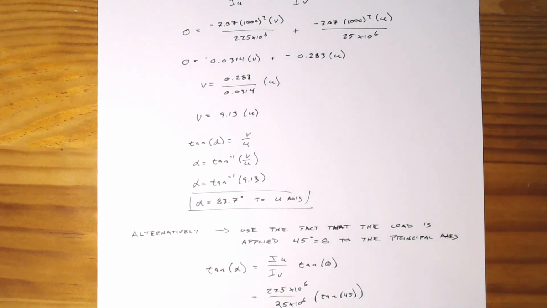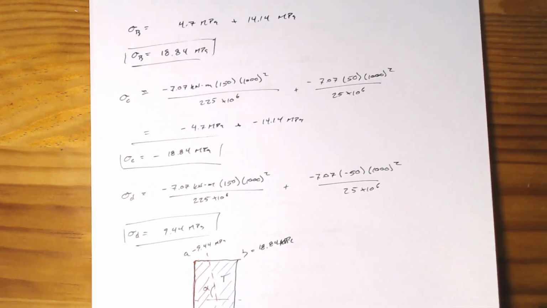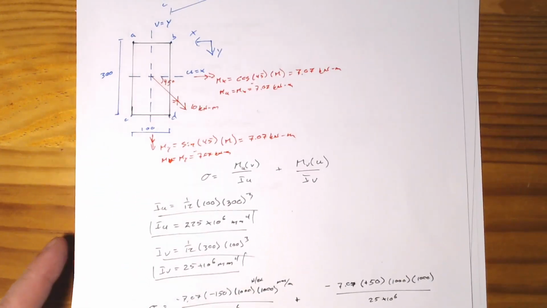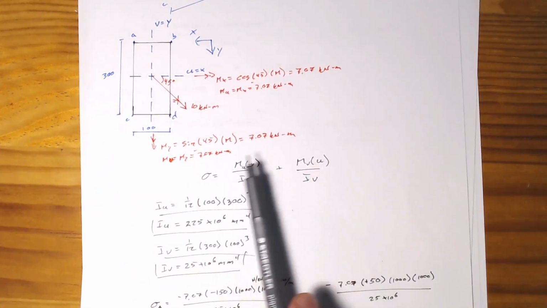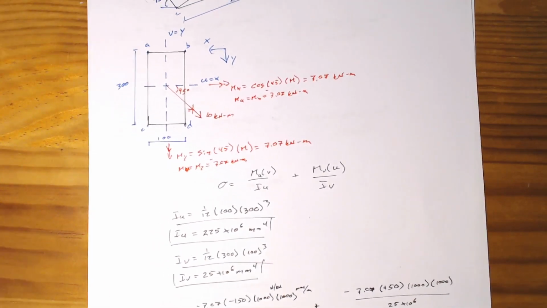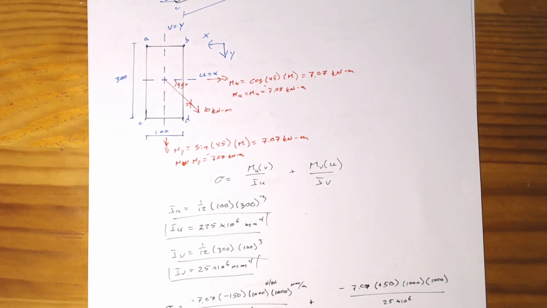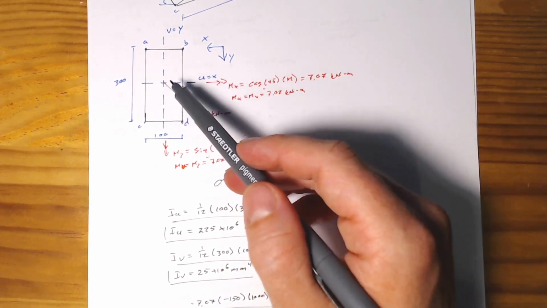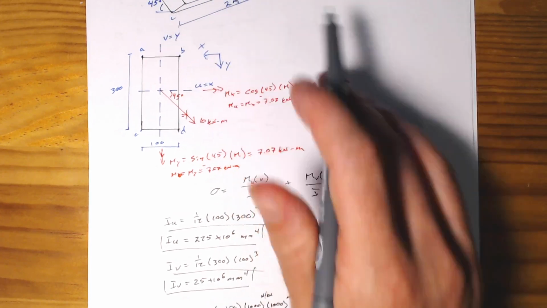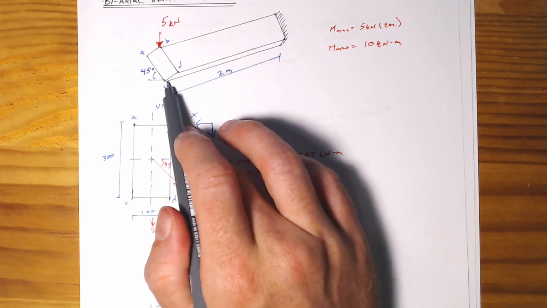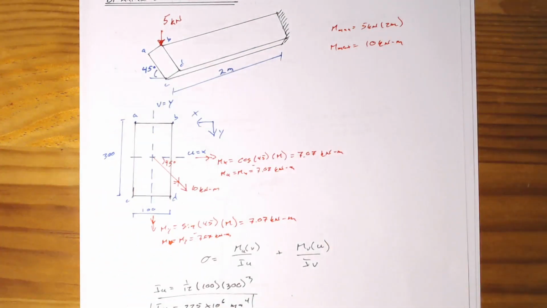So I hope you found that example reasonably straightforward. As I said, it's mostly just a bunch of bookkeeping. There's nothing that you really haven't seen before if we're working with principal axes. It's just making sure that your bending stress is going in the right direction. That's something I always get confused on and find challenging. The only way I can work my way around it is I look and see, well, if I've got a bending here, I know that B is going to be my maximum tension and C is going to be my maximum compression, just from what the structure is doing.